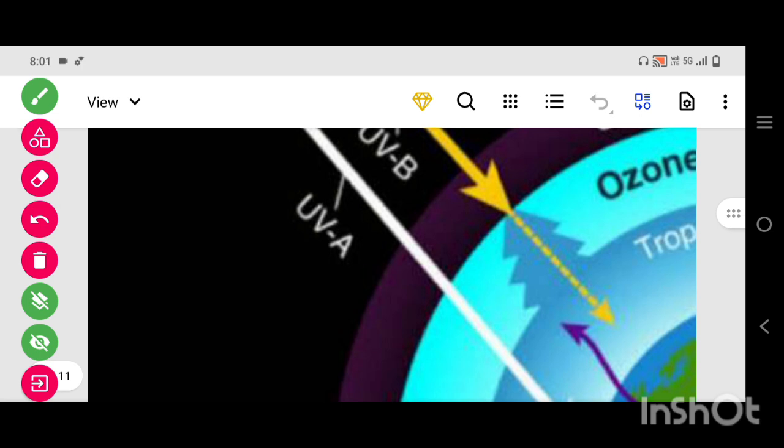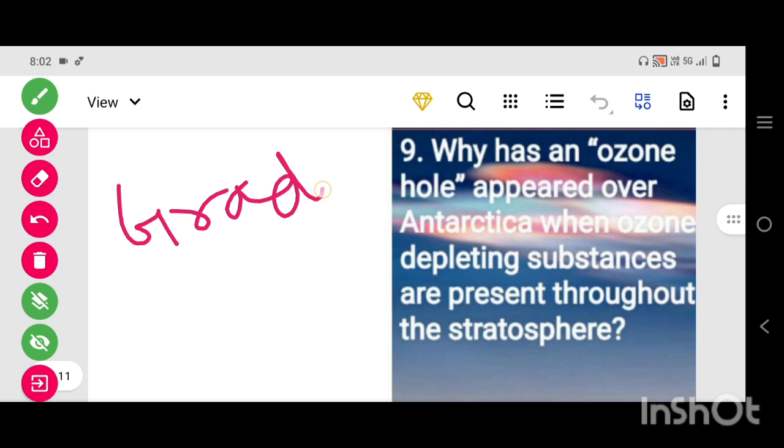Gradually what happens, the harmful radiation is absorbed by the ozone layer.